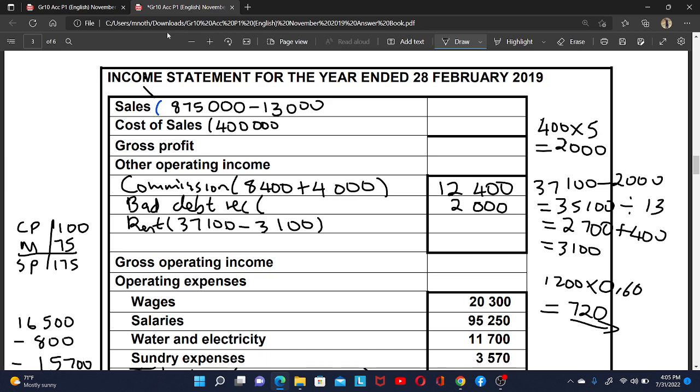So 875,000 minus 18,000. The answer is 862,000. And then we have 400 for the cost of sales, which is 462,000.